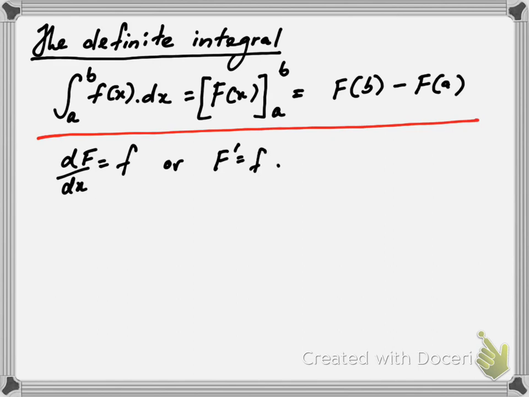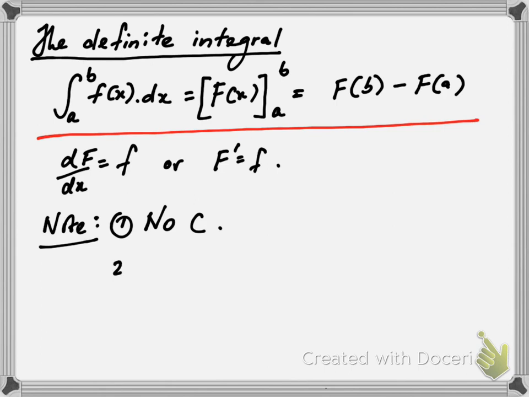You have to note that in a definite integral there is no constant of integration. There's no c, because you have got a value at the end, so therefore there's no c.